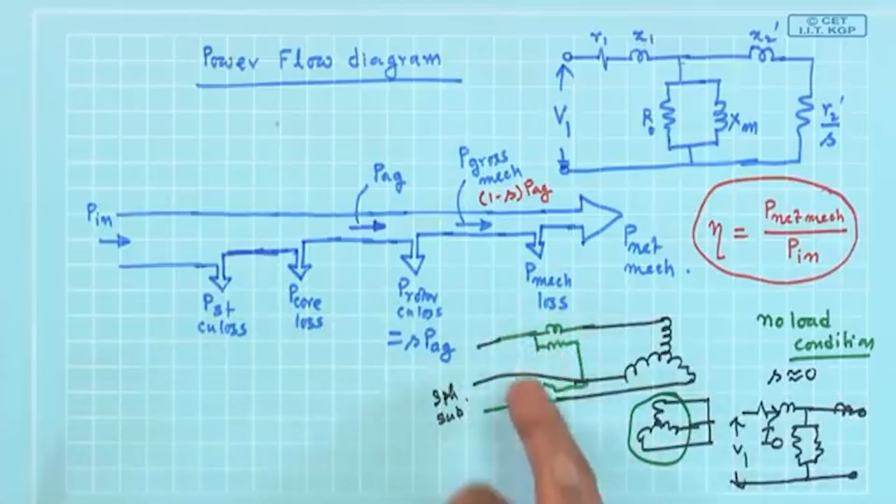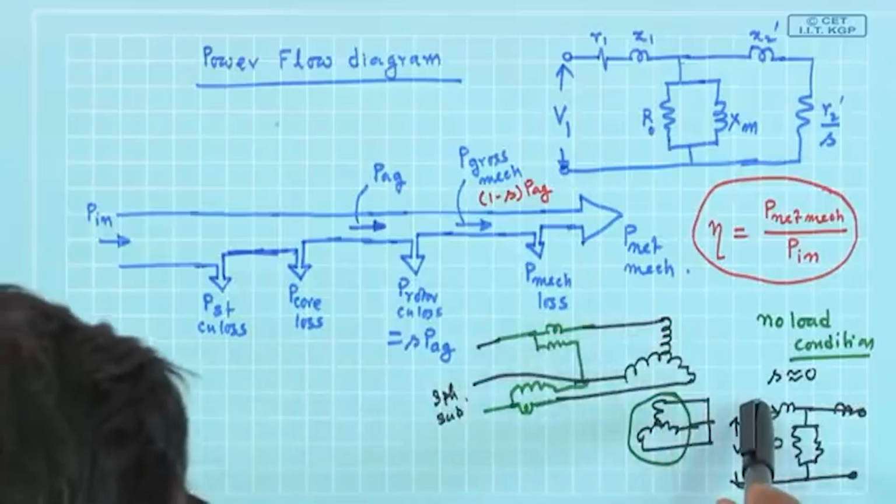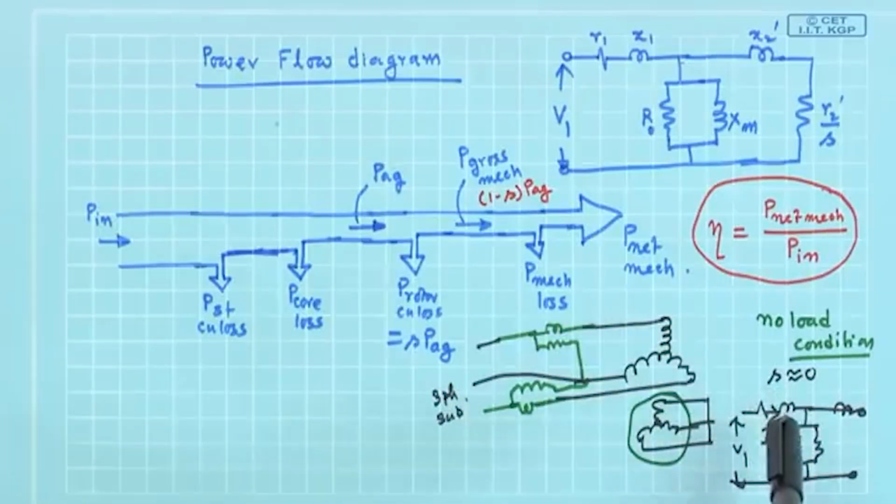Therefore, the sum of the wattmeter readings will record stator copper loss, core loss plus the rotational loss, that is the mechanical loss.